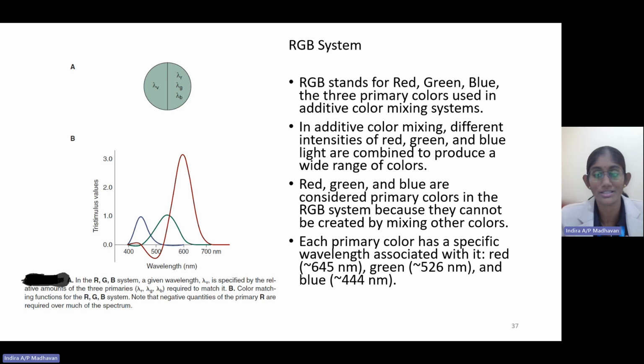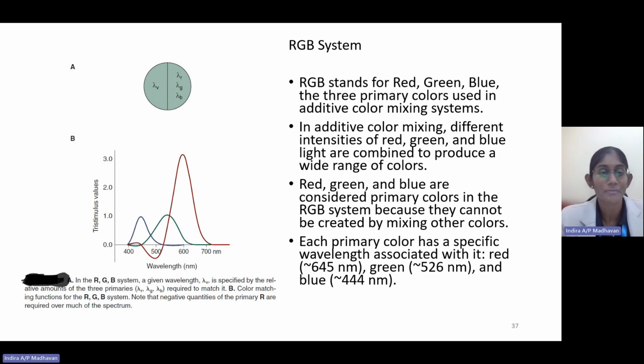In the experiment, these are the three colors used to indicate the three types of cones that we have. In additive color mixing, different intensities of red, green, and blue lights are combined to produce a wide range of colors. These are considered primary colors in the RGB system because they cannot be created by mixing other colors.